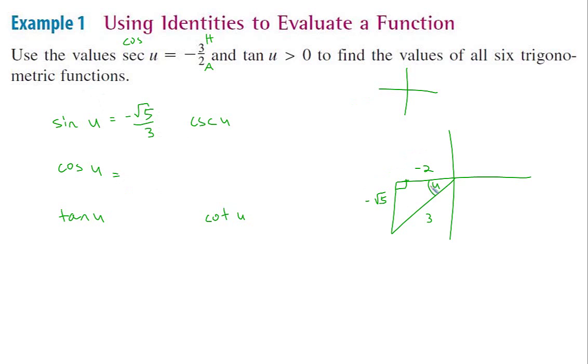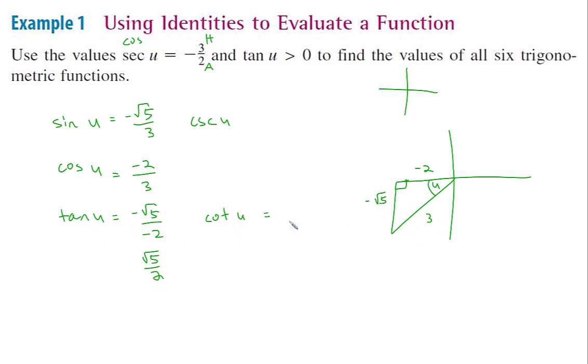Cosine is adjacent over hypotenuse, negative 2 over 3. Tangent is opposite, negative radical 5, over adjacent, negative 2, so we end up with positive radical 5 over 2, because we know tangent is positive in the third quadrant.